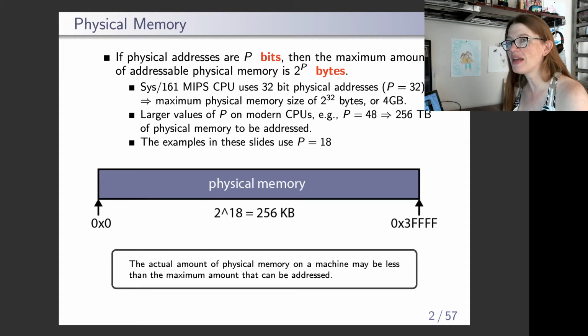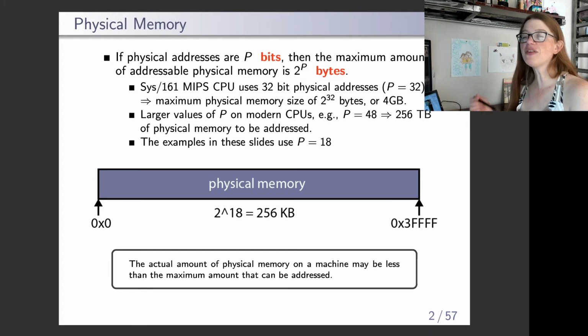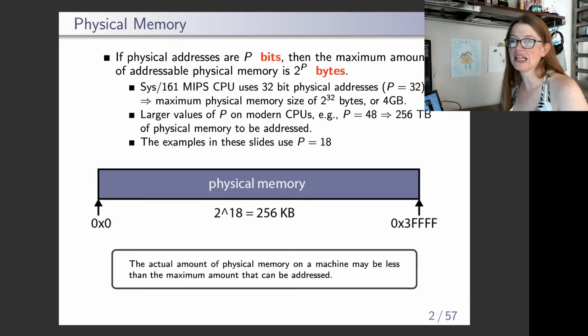Maybe the computer in the basement of MC has that much. I'm not actually certain. But we still use 48 bits to address physical memory. The thing I want to point out is that it's entirely possible that the amount of actual memory in your computer is less than what your system can technically address.